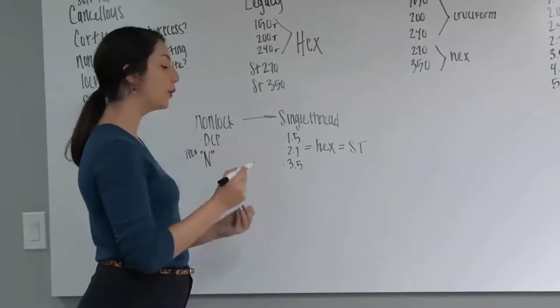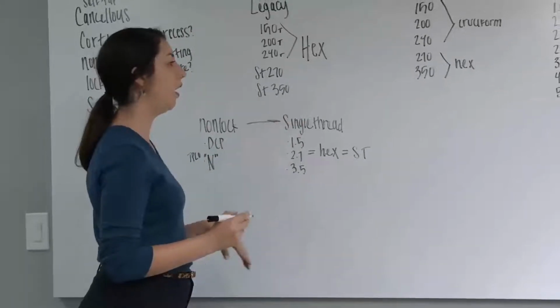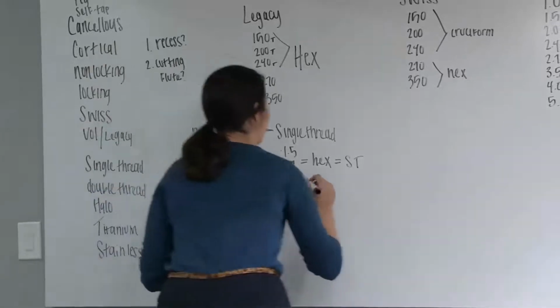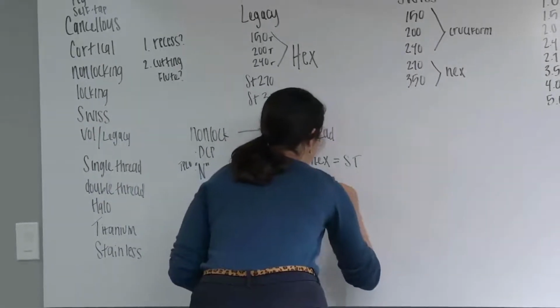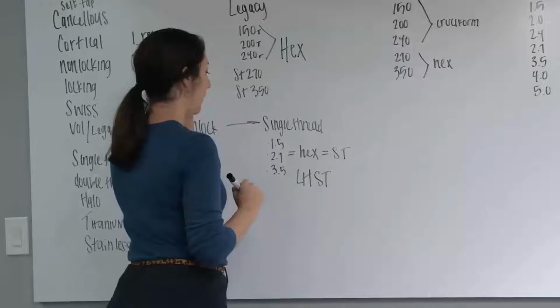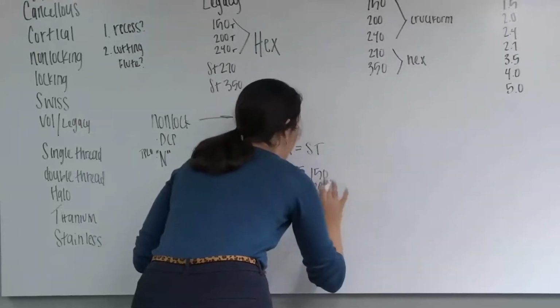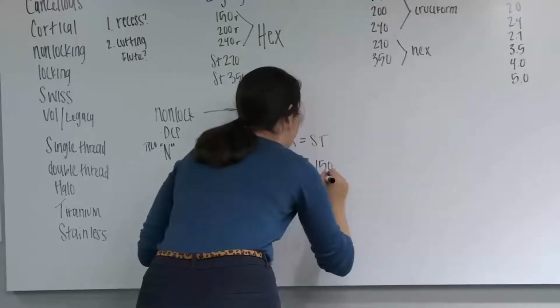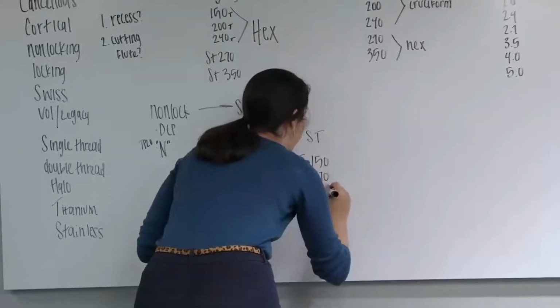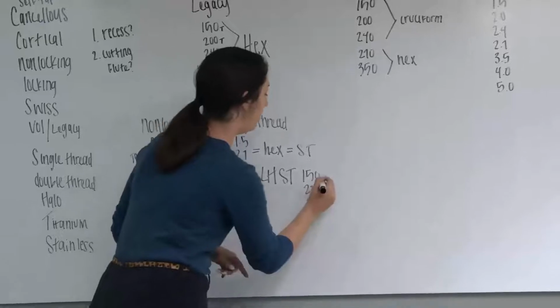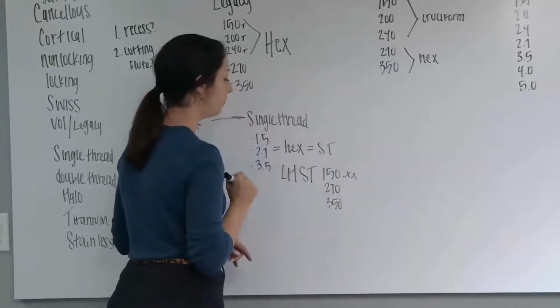Okay, so codes for screws that are single threaded are notated by LHST. If it is a screw, it's going to follow the same pattern as our cortical screws: the 100 series followed by whatever the millimeter length is.